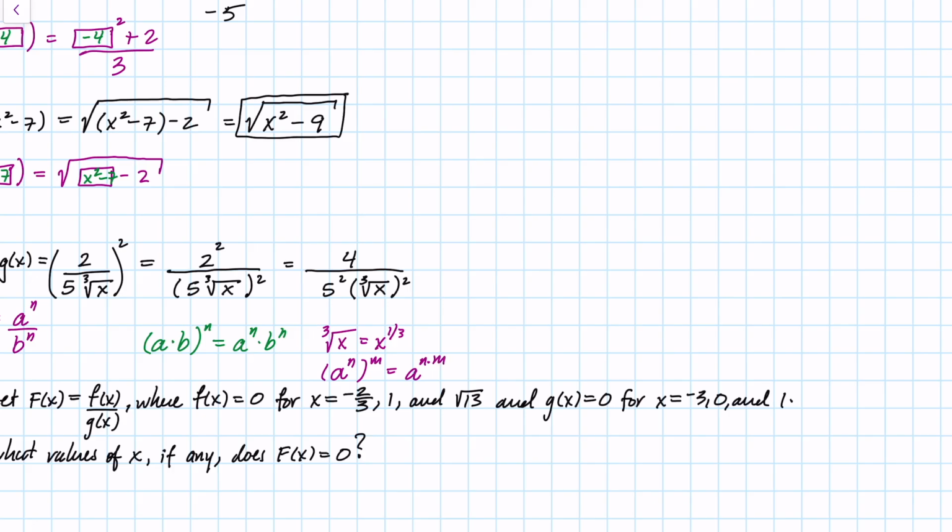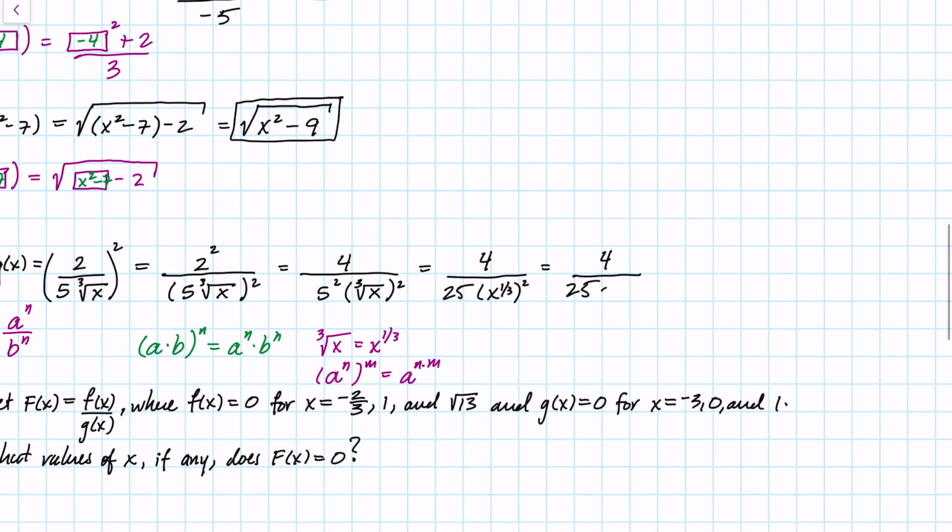So we're already done with the number 4 on the numerator. 5 squared is 25. And then here, this becomes x to the power of 1/3 squared, but simply we have to multiply 1/3 times 2. So this becomes 4 divided by 25 times x to the power of 2/3. And that is our solution.